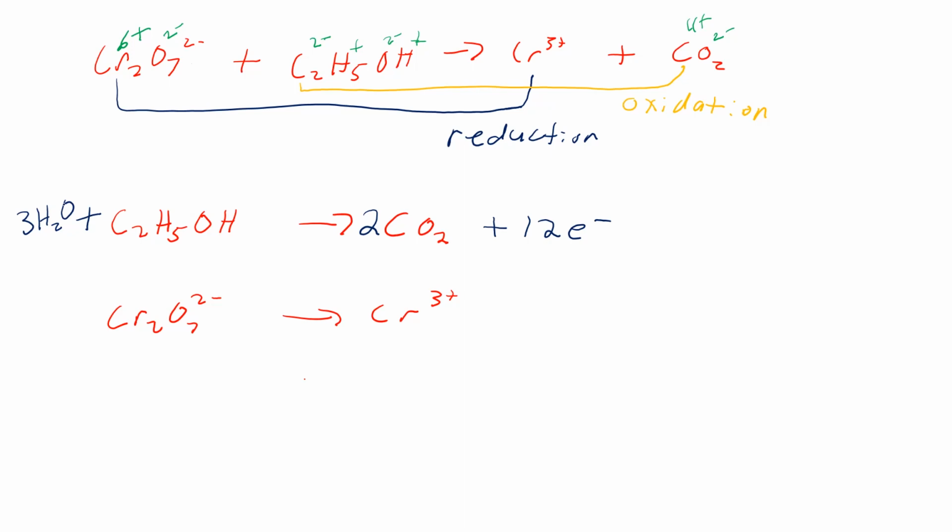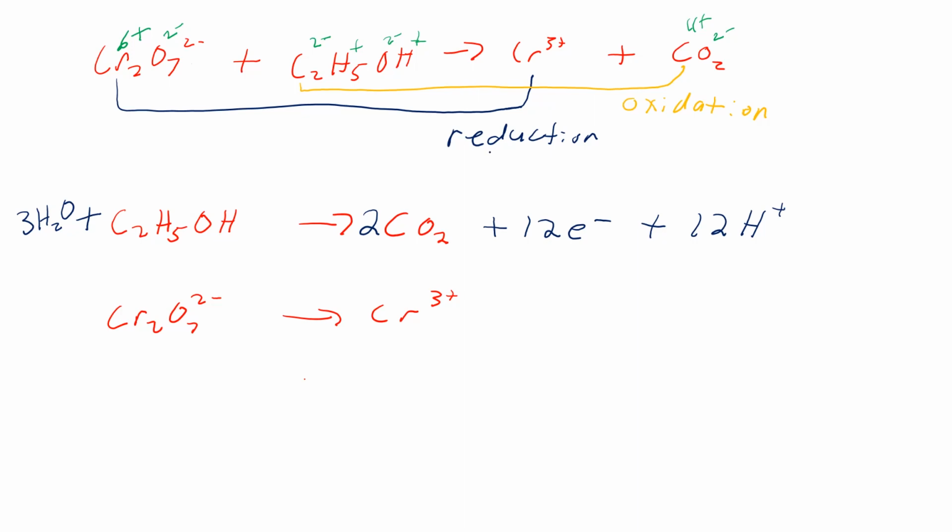On the product side, now our oxygens are balanced, but we have hydrogen on the reactant side and not on the product side. So we have 3 times 2 is 6, plus we have 6 more hydrogens here on the reactant side. So that's a total of 12 hydrogens that we need to add. So that balances our oxidation reaction.